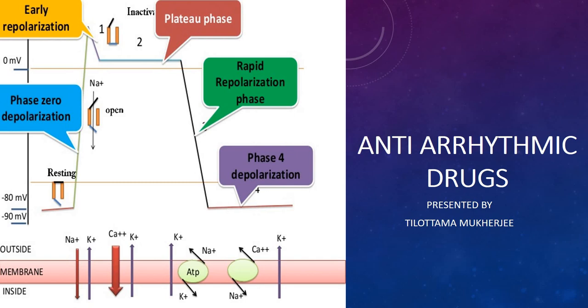This we have already discussed in class about the electrophysiology of the heart. Now, how anti-arrhythmic drugs act to treat the irregularities of cardiac rhythm, we are going to learn from this presentation.